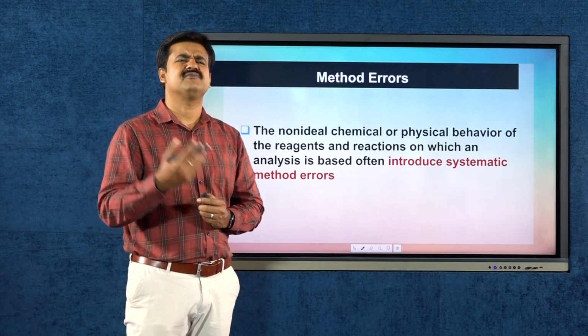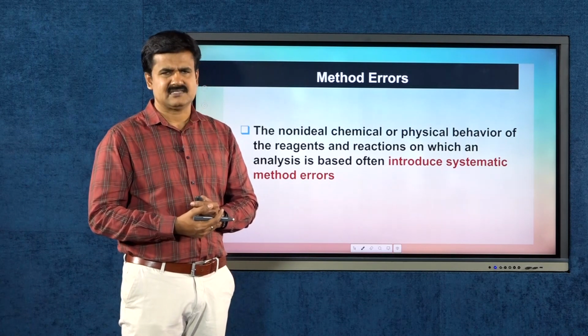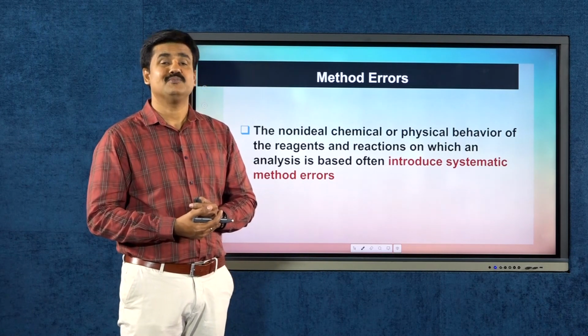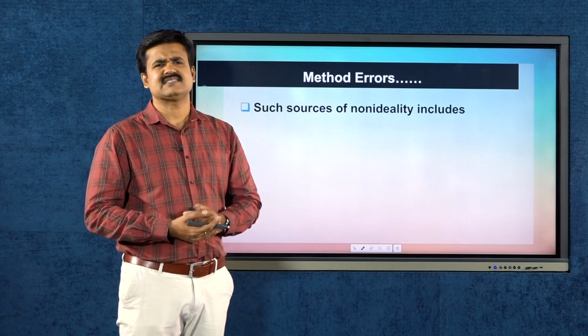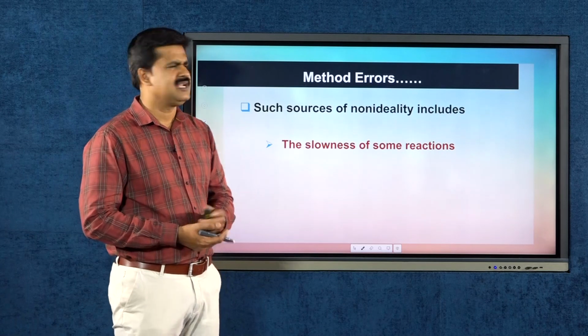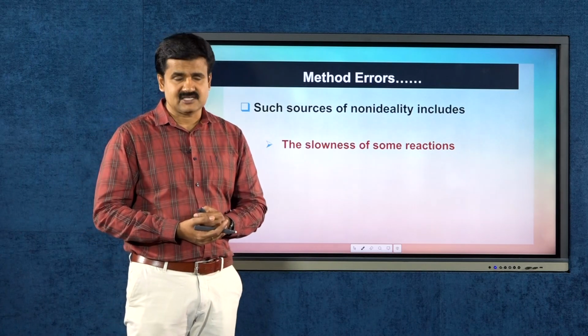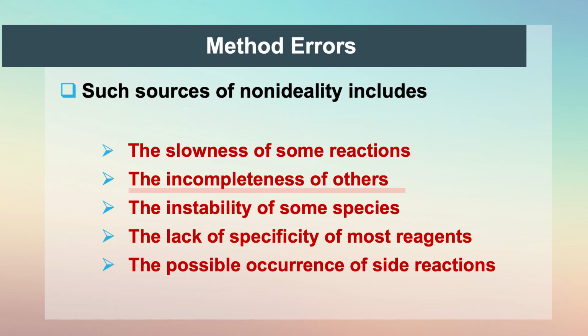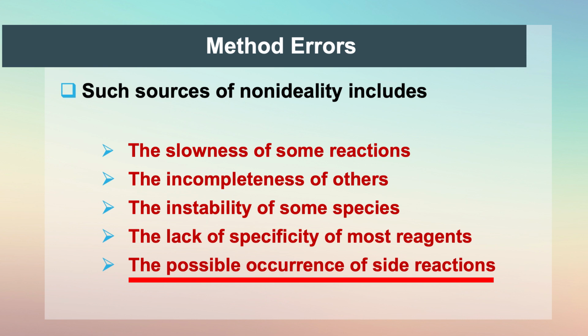So, such kind of errors are called method errors or error due to method. The sources for non-ideality may include the following things: the slowness of some reactions, the incompleteness of some other reactions, the instability of some chemical species obtained during the reaction, the lack of specificity of most of the reagents, and the possible occurrence of side reactions.